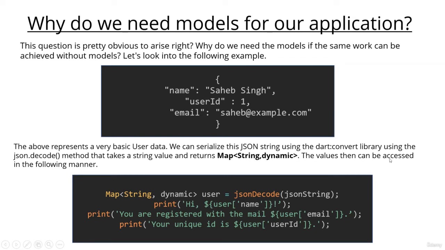The value can then be accessed in the following manner. Once we decode the JSON string, we can just print hi and then the user's name. The name is the key of this map, email is another key, and user ID is another key. So this is what we were doing earlier.